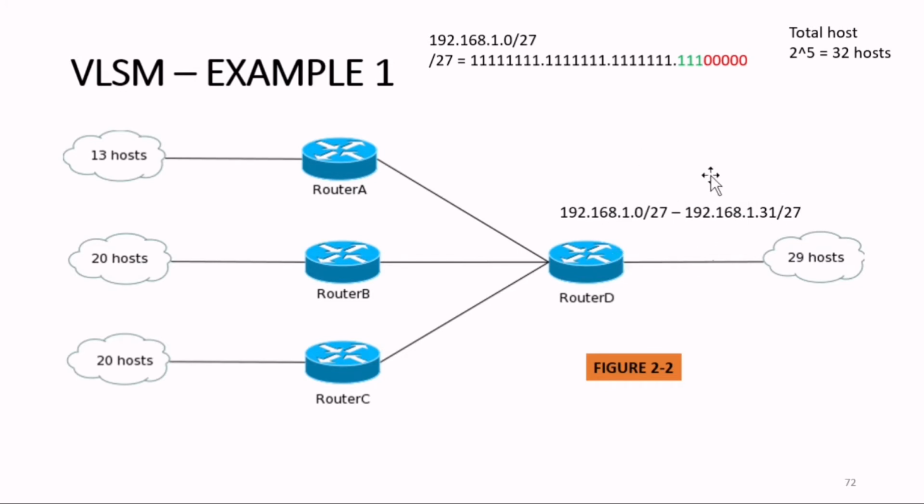So we can use /27. That's why I added 32 IP addresses, so from 0 to 31.